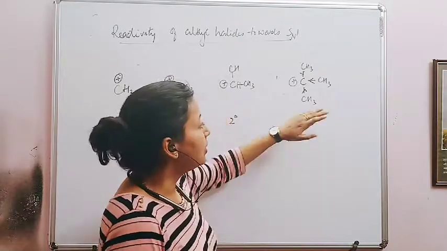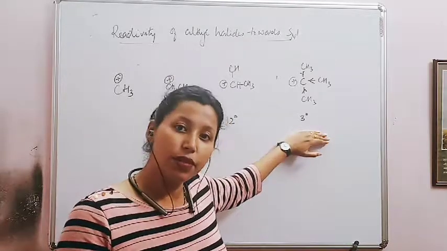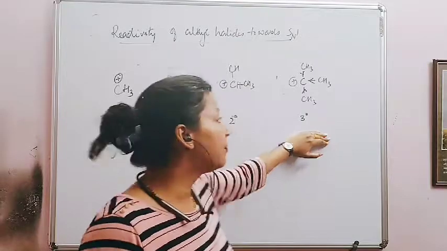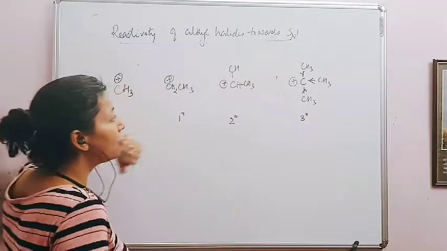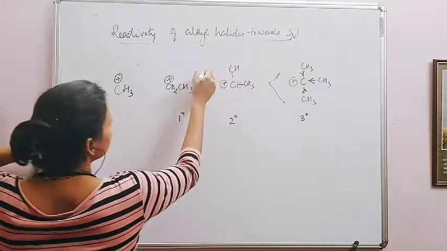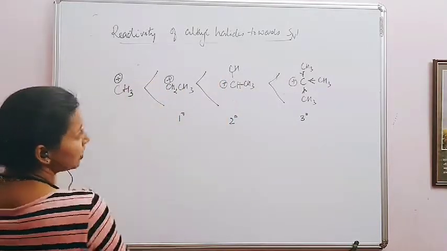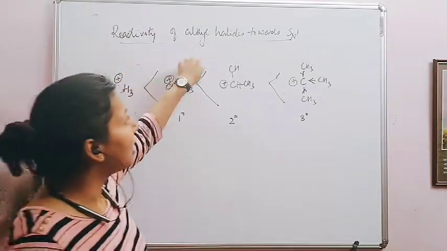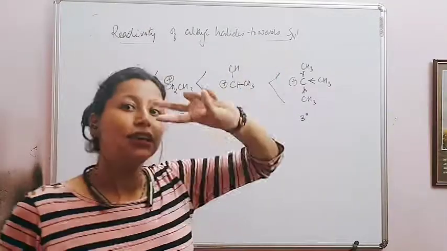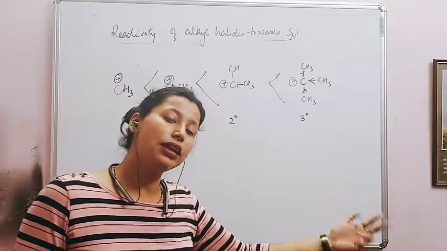So naturally, the tertiary carbocation becomes more stable. If it becomes more stable, this will react in a faster way. So the order of reactivity of alkyl halides for SN1 is 3 degree greater than 2 degree greater than 1 degree.